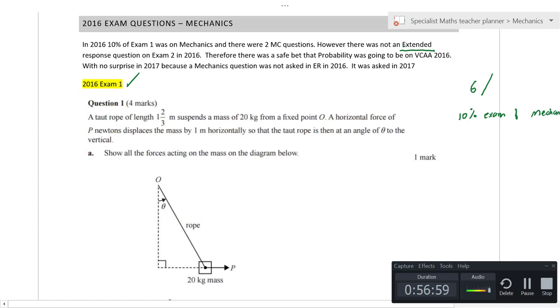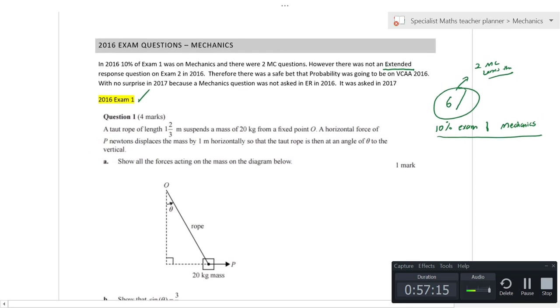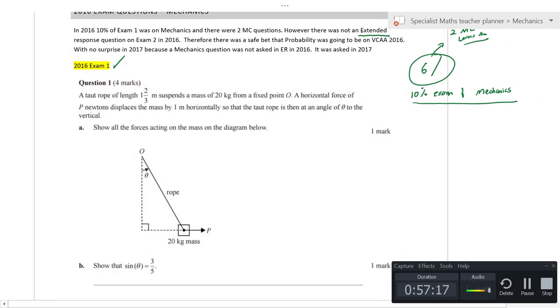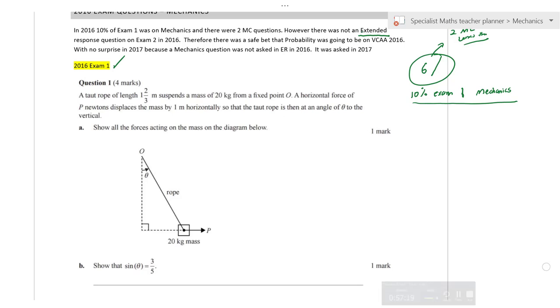So if you know mechanics, I've got a feeling this year it's going to be about the same. There were only 2 multiple choice questions, and they are the sort you can solve using Lami's theorem, etc. I can show you ways of doing those. So let's do this 2016 exam 1 question together.